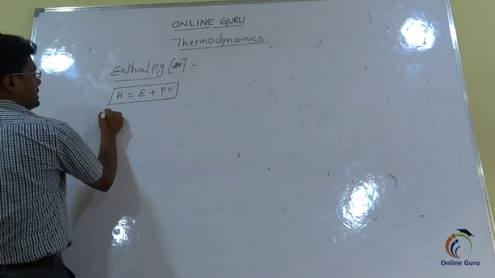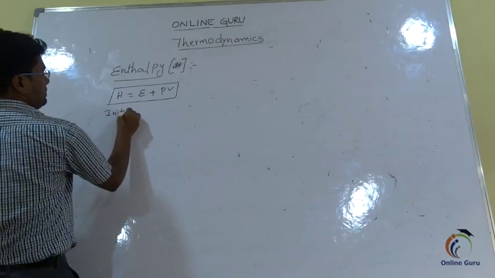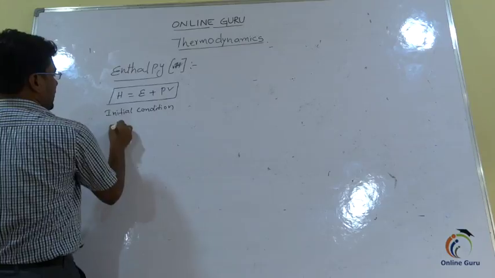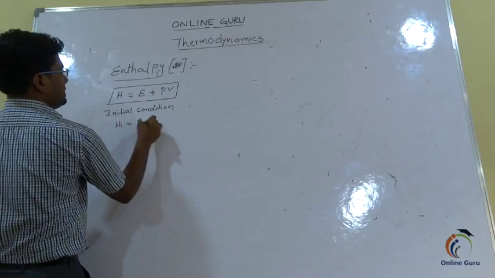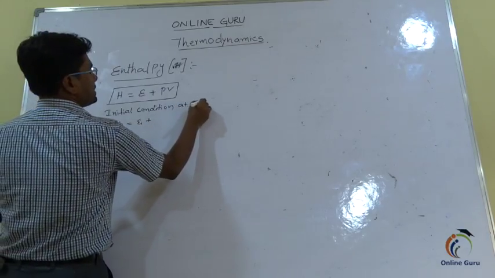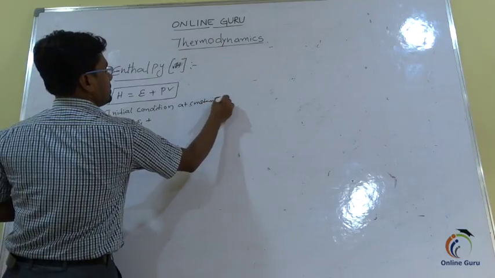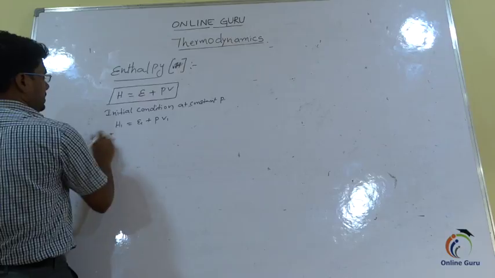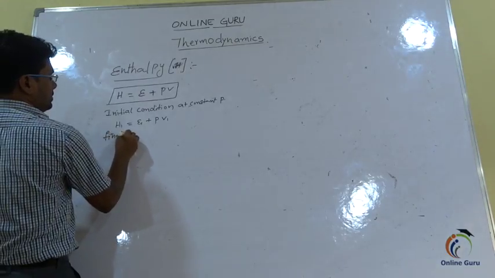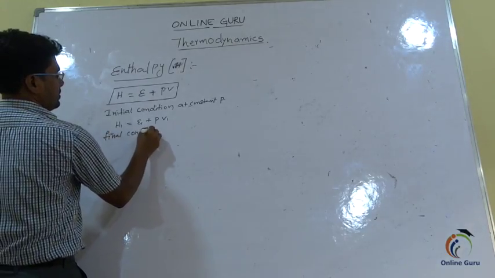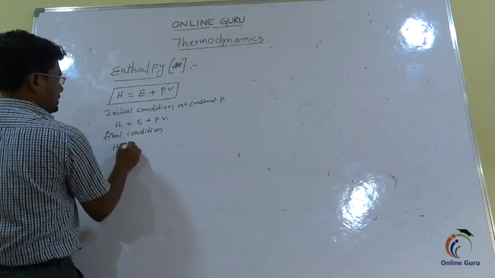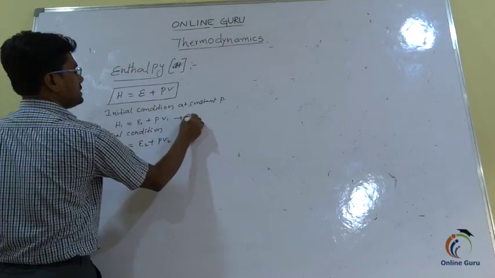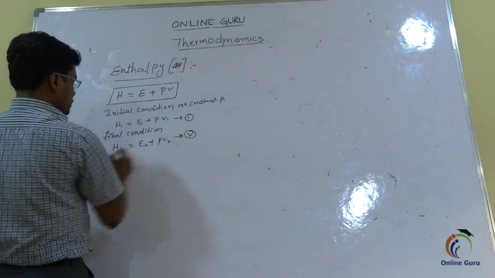Here, for the initial condition, H1 is equal to E1 plus, at constant pressure, PV1, and at the final condition H2 is equal to E2 plus PV2. This is equation 1, this is equation 2.